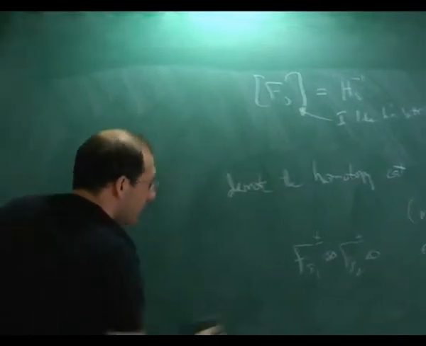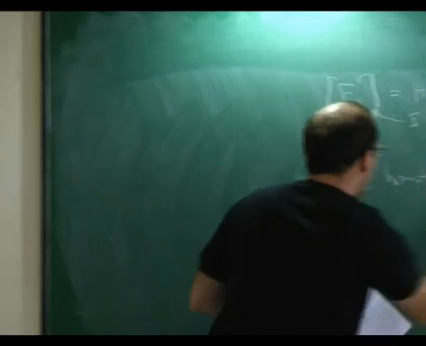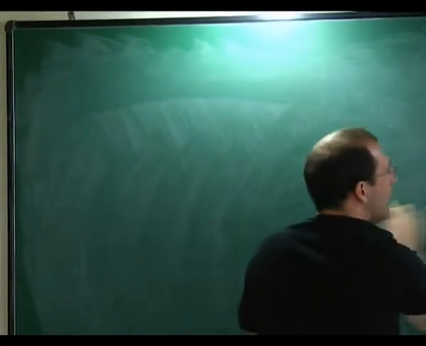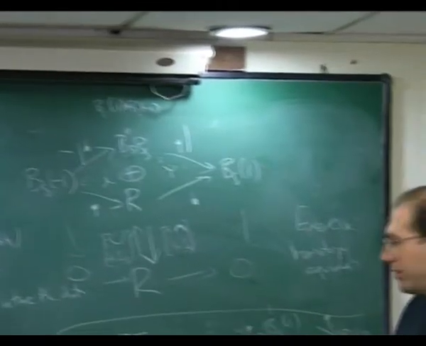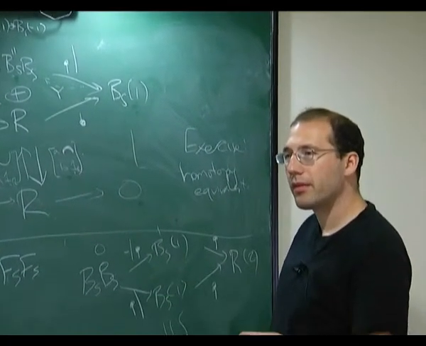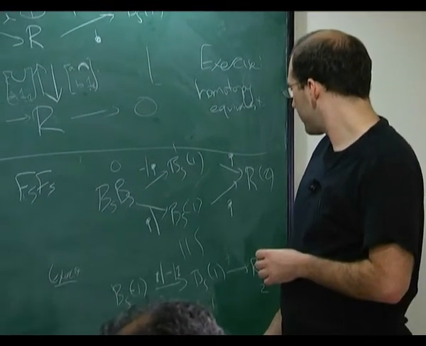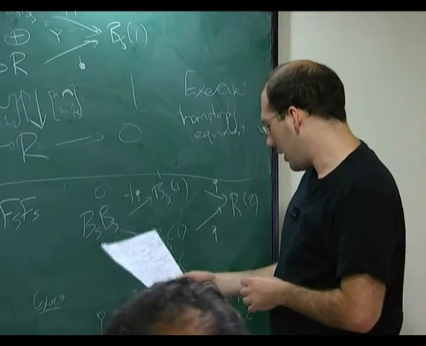So what are these things quasi-isomorphic to? That's easy. We know that Fs is quasi-isomorphic to Rs, so Fs is quasi-isomorphic to just R. To cancel it off, you need that map to be 0. Which map? Bs1 to R2.